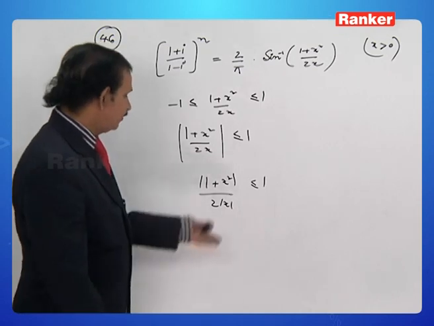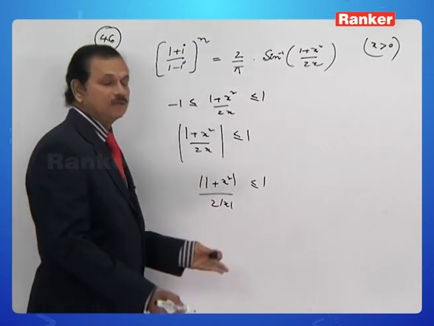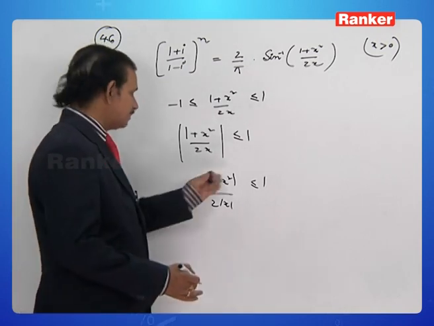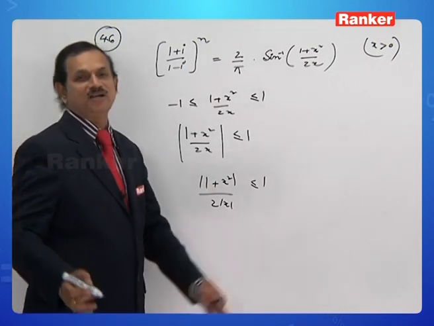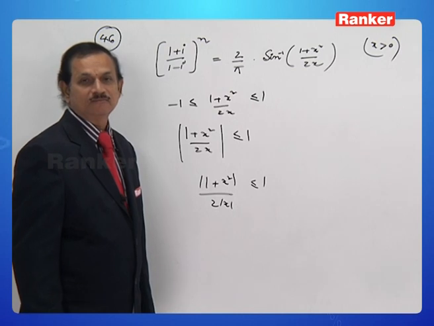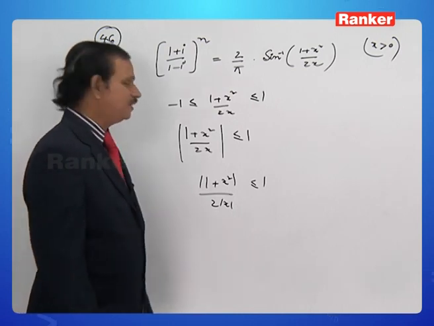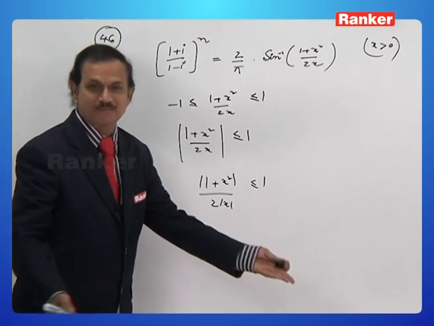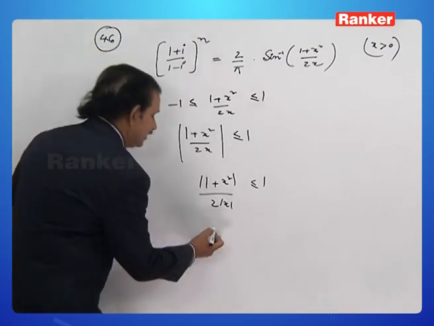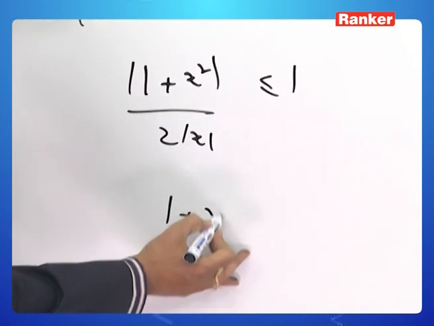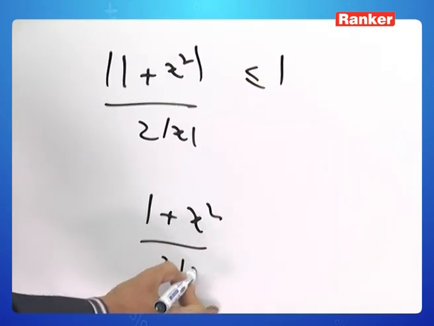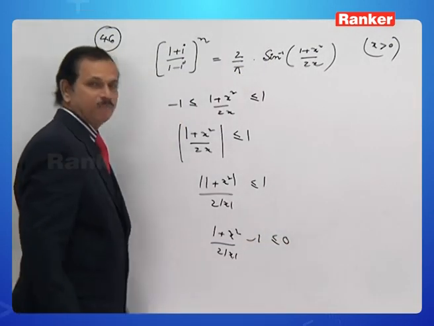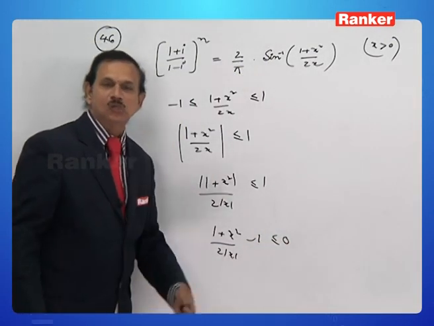And moreover, you look at the numerator here, 1, a positive number, x square, a non-negative number. So 1 plus x square is surely a positive number. Hence, mod of 1 plus x square is just 1 plus x square. So (1 plus x square) by 2 mod x minus 1 less than or equal to 0. I have brought that 1 this side, that's all.